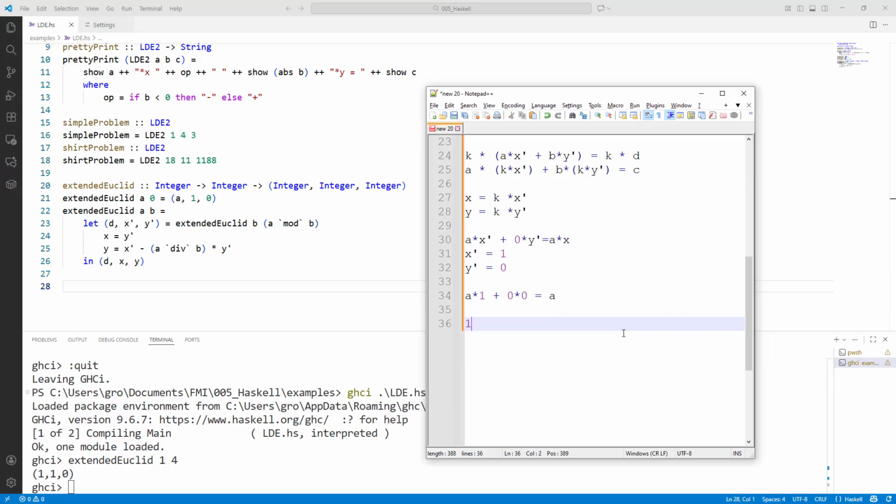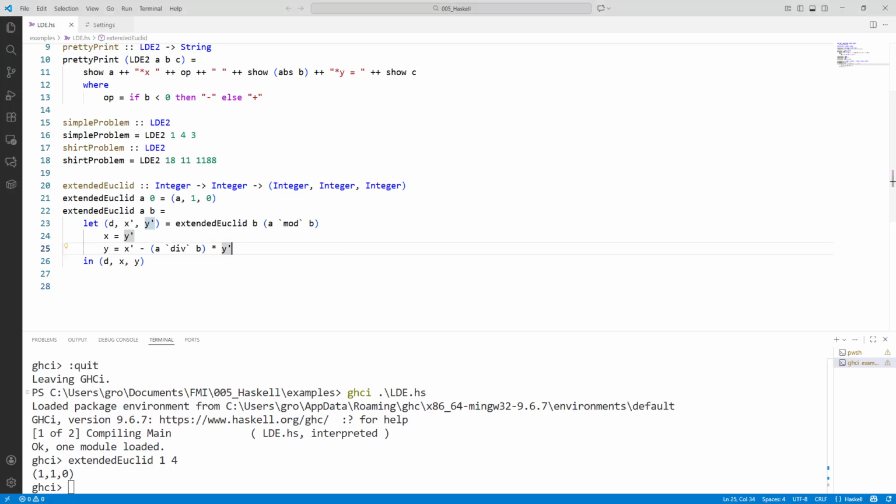So the idea is we have 1 times 1 plus 4 times 0 equaling 1. So 1 and 4, this is what we have submitted, and it gave us 1 and then 1 and then 0. Well, it works. Let's try it with the short problem where we had 18 and 11, and let's see what is going to be received.